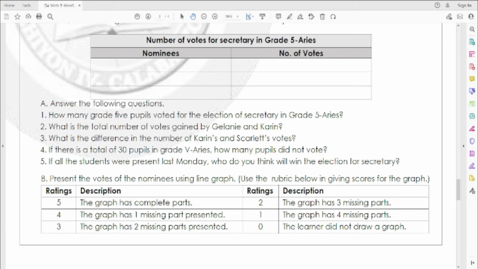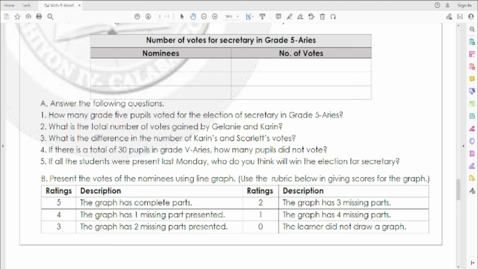What is the total number of votes gained by Jelani and Karin? We're going to add the votes gained by Jelani and Karin. 3. What is the difference in the number of Karin's and Scarlett's votes? You will subtract the votes of Scarlett from Karin's. Then you will get the difference.